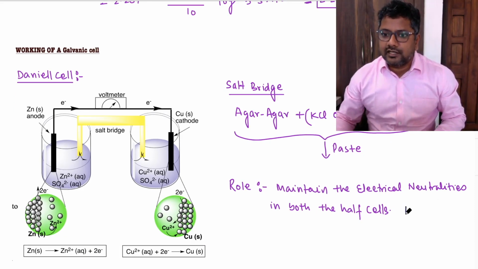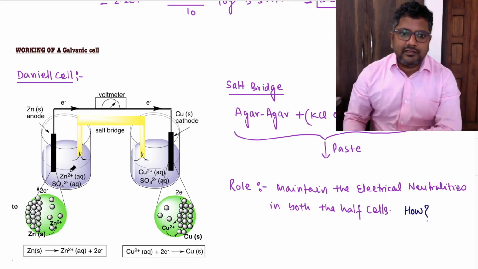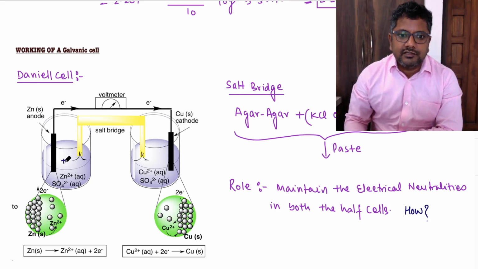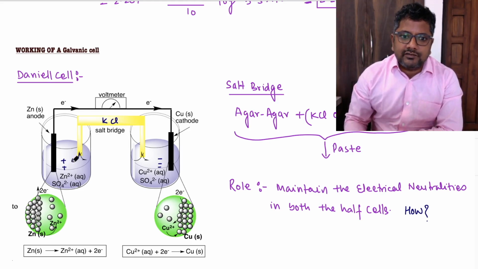See how. Another question arises here, how? All of you know that this solution is positively charged and this is negatively charged. So what will happen from the salt bridge? If we have taken KCl, then chloride ions will come to this side and potassium ions will come to this side.